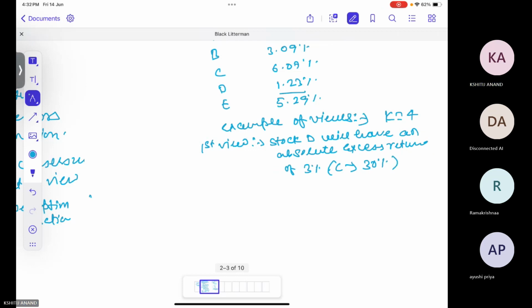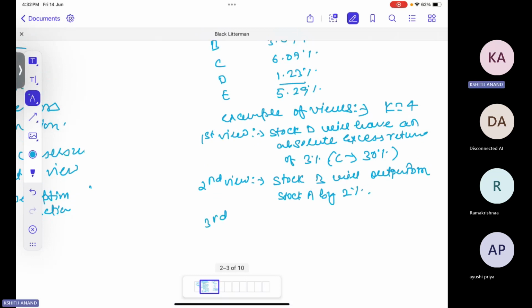Let the second view be that stock B will outperform stock A by 2%.